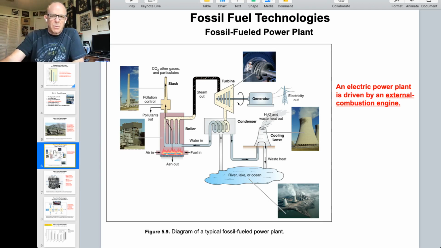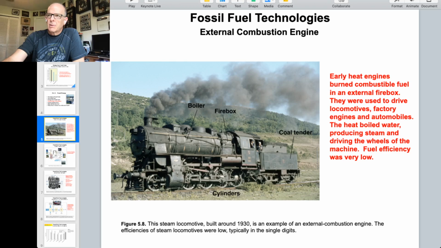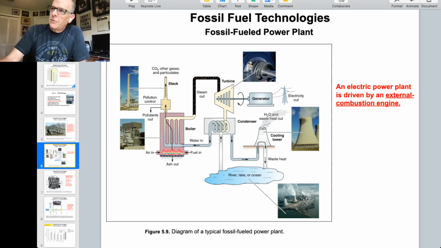More pertinent for our current society are fossil fueled power plants, thermoelectric power plants. And those are also essentially driven by external combustion engines, where instead of the steam driving pistons to turn the wheels of a steam locomotive, we're instead using that steam to spin a turbine, and that turbine is basically like a giant fan, and the steam is very hot.